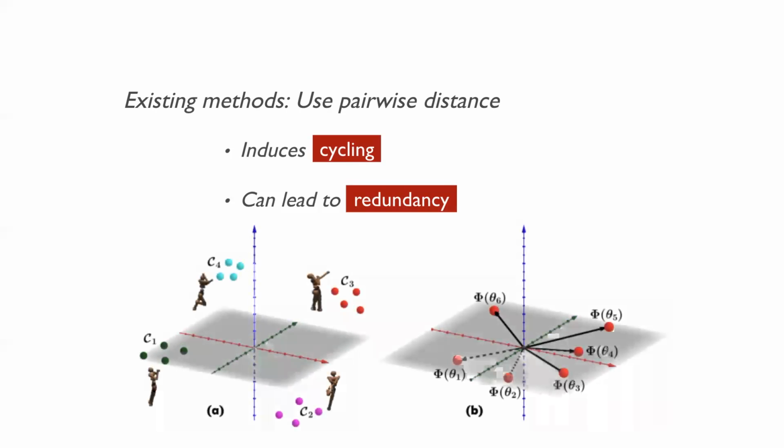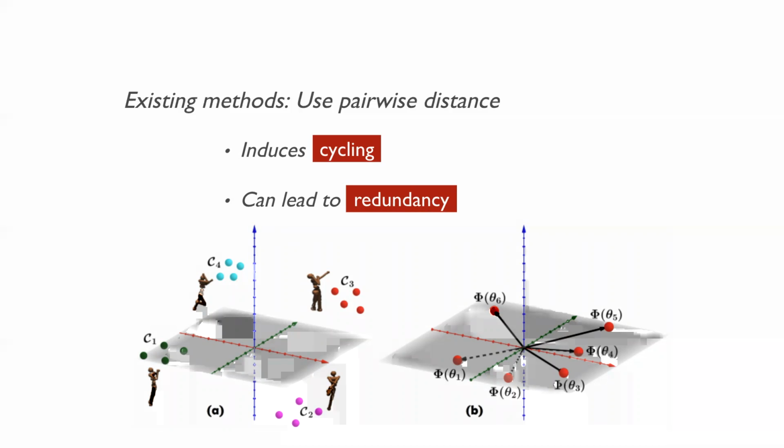If I have a bunch of points in the space and I want to maximize their pairwise distance, a potential maximum is actually collapsing the points into a few single points, so the diameter becomes really large, but all of them collapse into a few modes.